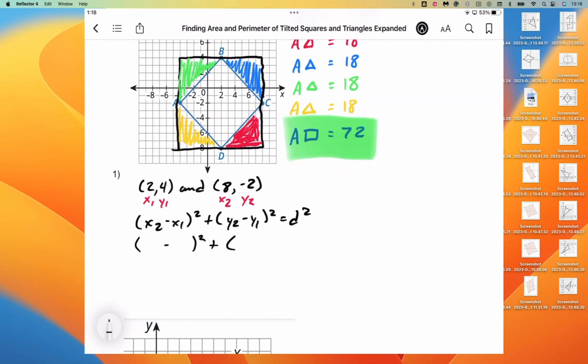Important to do the template next. So X2 is 8, X1 is 2, Y2 is negative 2, Y1 is 4. So we're going to have 8 minus 2 is 6. Negative 2 minus 4 is going to be negative 6.